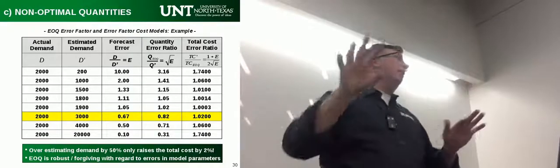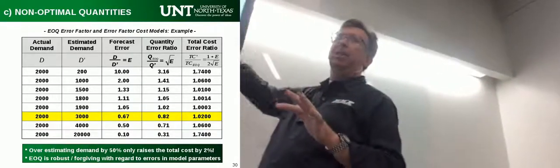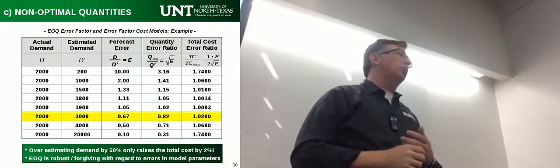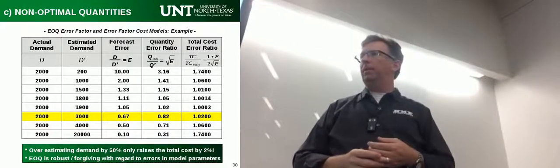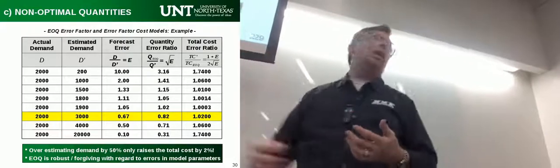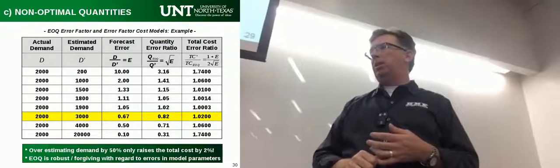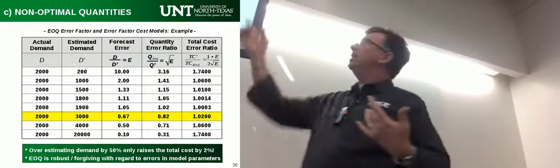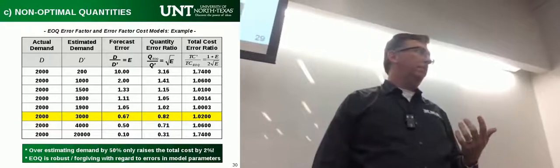So as an inventory manager, because of this, what typically happens is it's very common in organizations to hold more inventory, right? Because if you're planning on 3,000 units being sold, and you're wrong, and only 2,000 get sold, it doesn't hurt you that much.